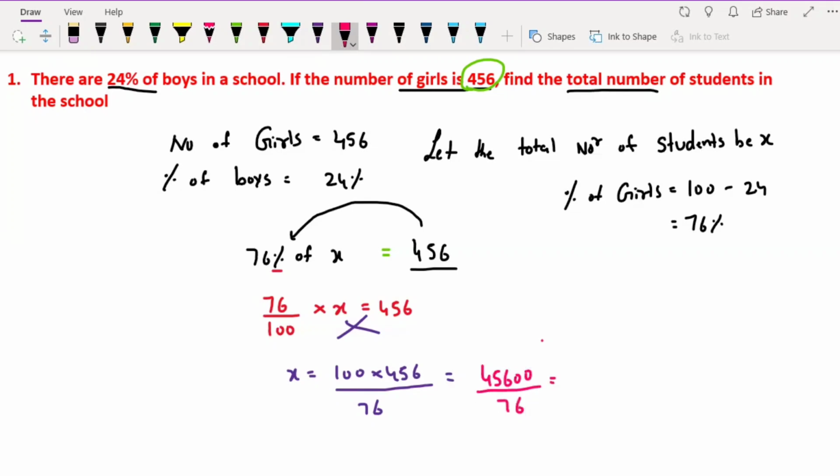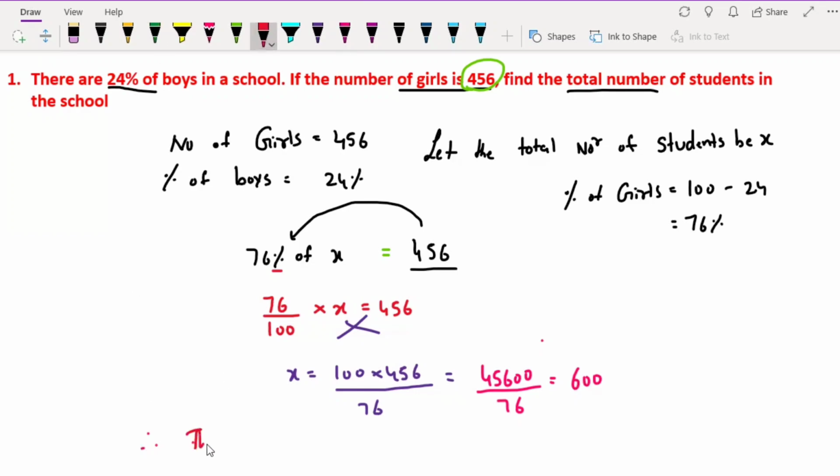Now let us divide it. Here I got the calculator. 45600 divided by 76 gives the value 600. So the total number of students is 600. Let us write down the final sentence of the solution.